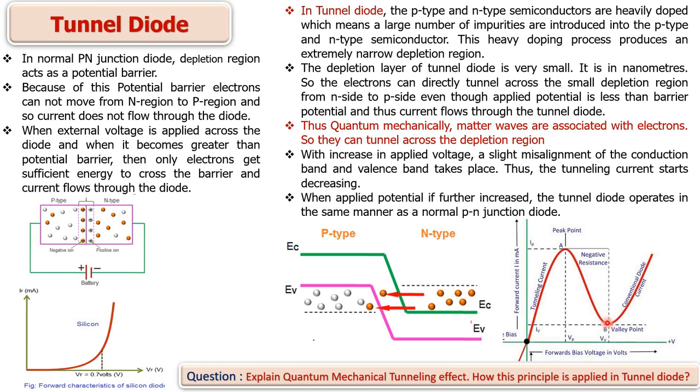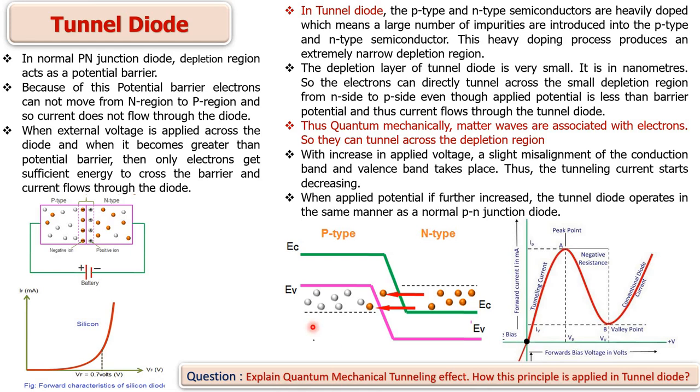Then from here the applied voltage V becomes greater than the potential barrier VB, and it acts as a normal diode and current increases. This dip is the special characteristic of the tunnel diode. So in this way the tunneling effect is used in the tunnel diode. Tunnel diodes are used for fast switching devices because of these characteristics.